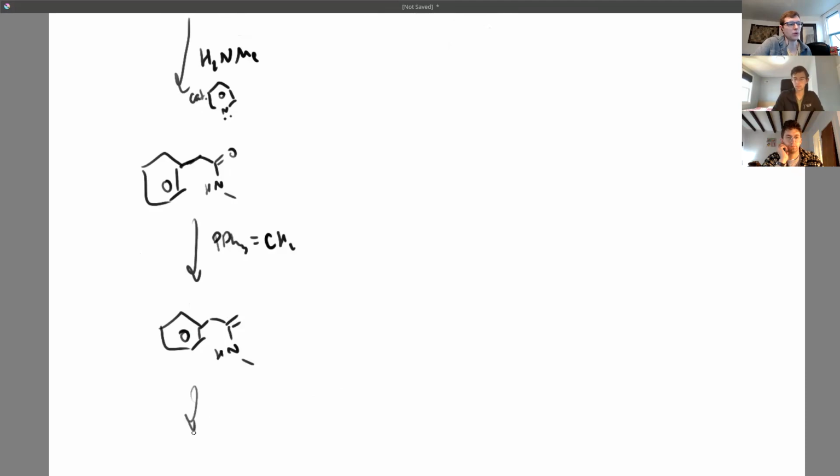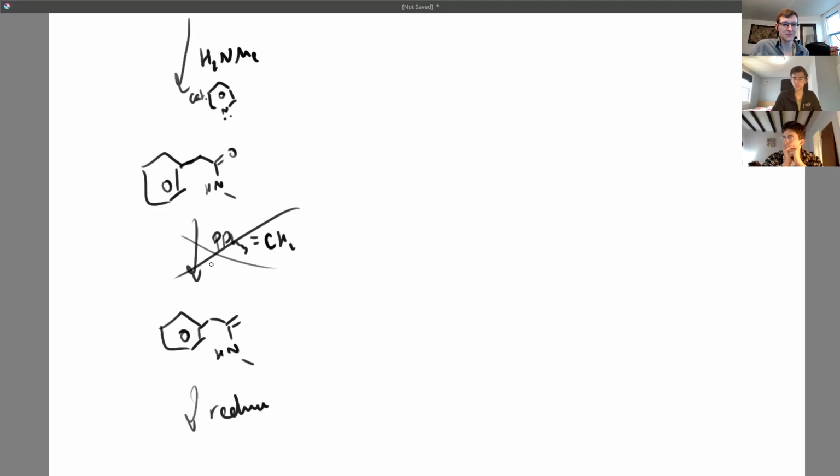And then you would reduce. But as it turns out, this doesn't actually work. You can only do the Wittig reaction on ketones or proper aldehydes, not on amides or esters or anything. So unfortunately, this doesn't work.